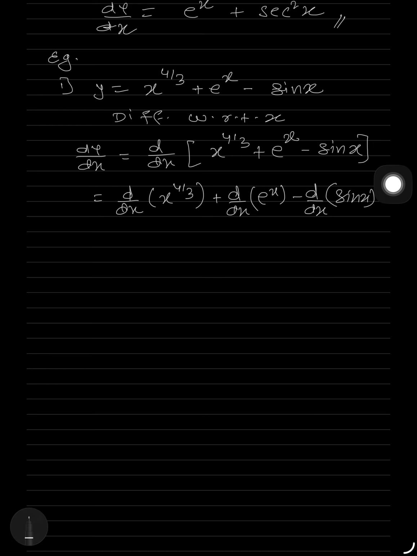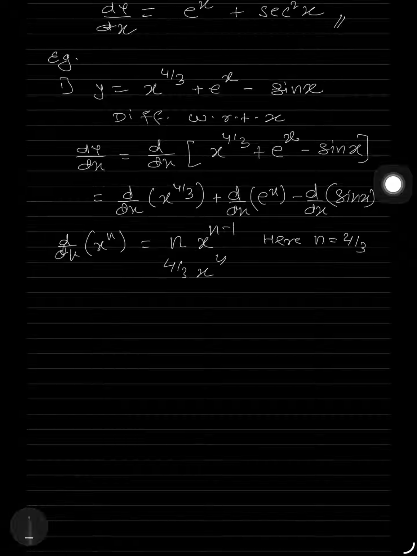For x raised to 4 by 3, we have to use the formula d by dx of x raised to n equals n into x raised to n minus 1. Here n is 4 by 3, so we substitute: 4 by 3 x raised to 4 by 3 minus 1.